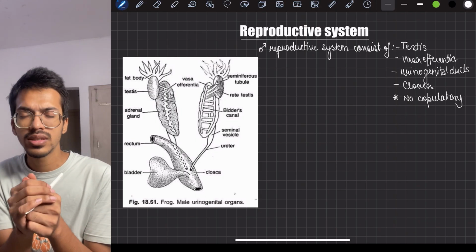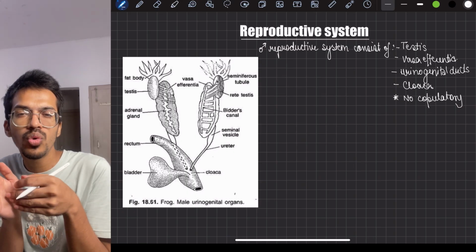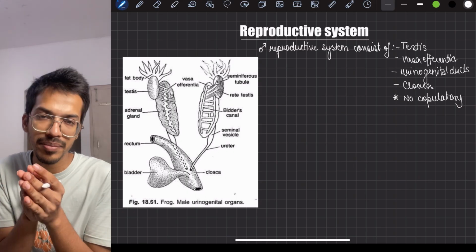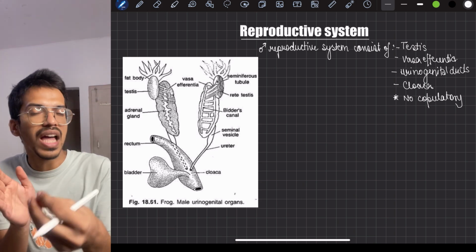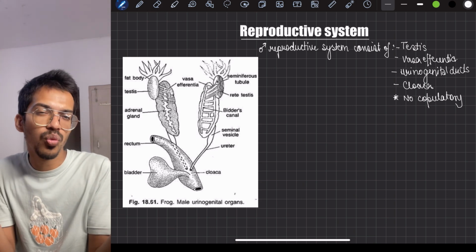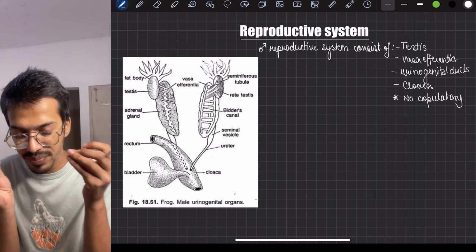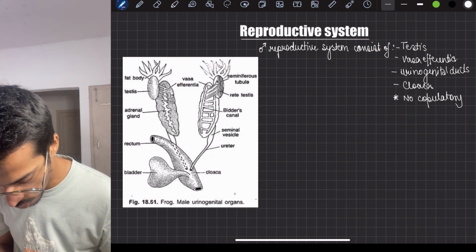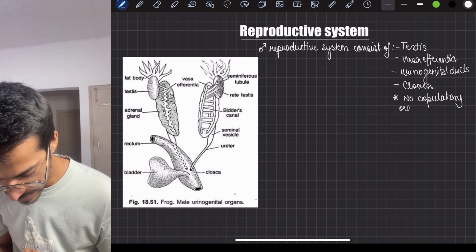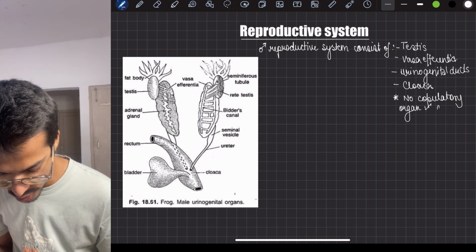So there is no need to penetrate the female or release the sperm inside the female body. If that condition is not there, it simply means there is no need for copulatory organs. No copulatory organs are present as external fertilization occurs.